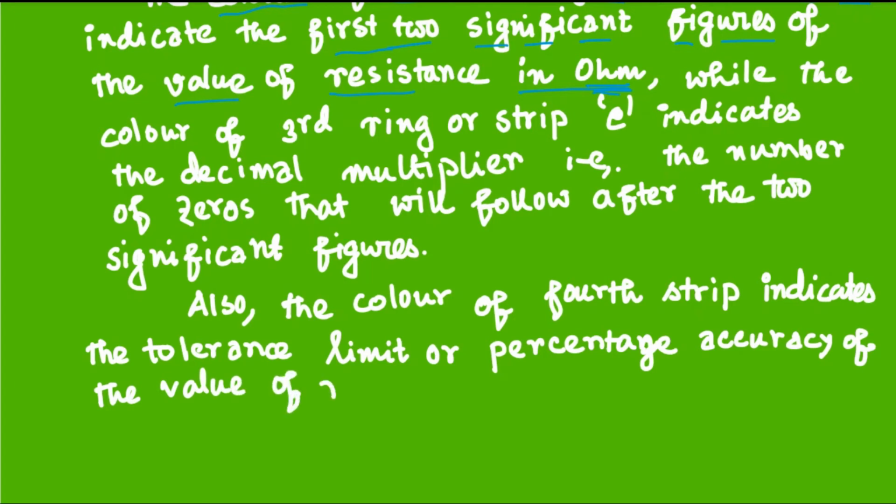This is the significance of the fourth colored strip D. The color of the fourth strip D indicates the tolerance limit, that means the error in the measurement of resistance, or the percentage accuracy of the value of resistance.